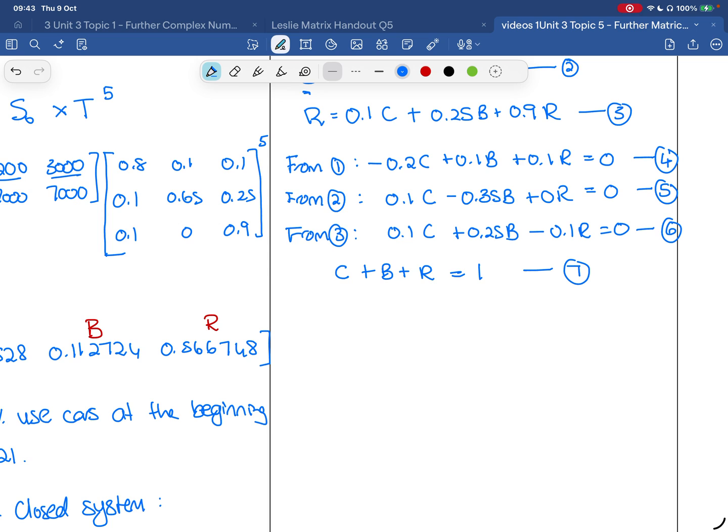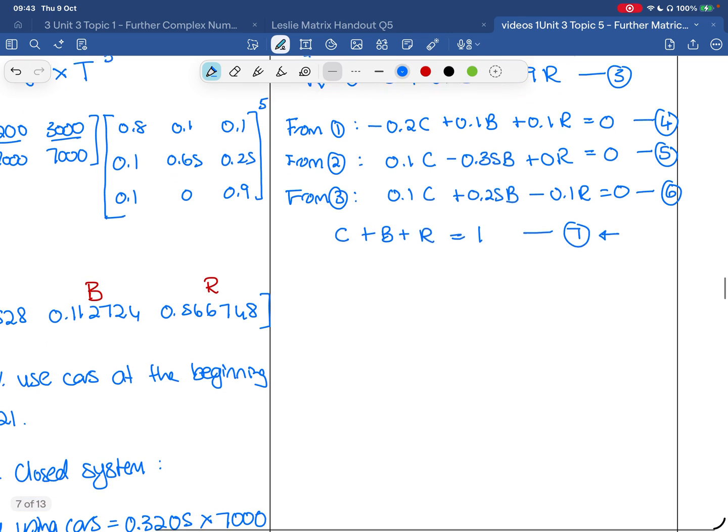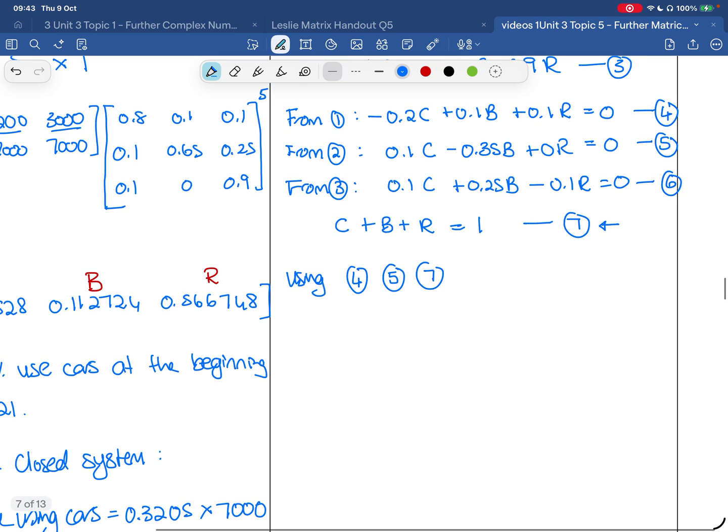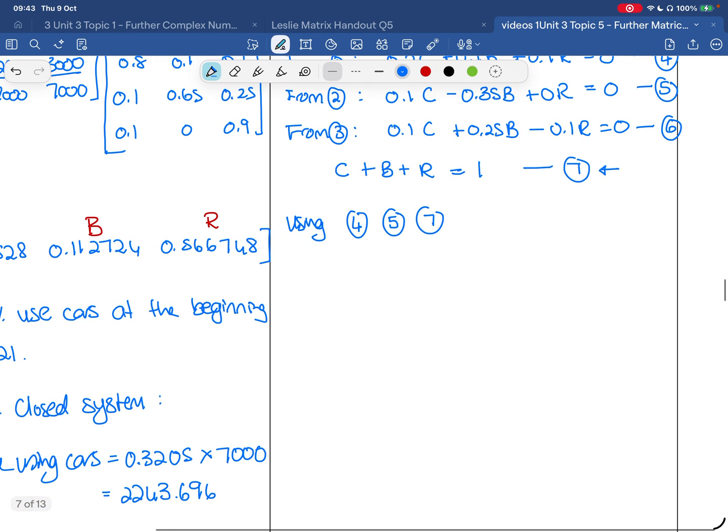So what we're going to do now is only use 3 of the 4 equations, but we definitely have to use this final one, okay? So we're going to say using 4, 5, and 7, okay? And I'm going to put them into a matrix now, okay?